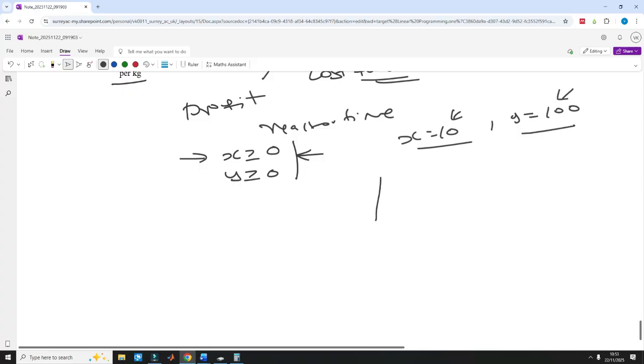If you plot x versus y, your profit can be anywhere in this region, isn't it? This entire first quadrant extends to infinity.